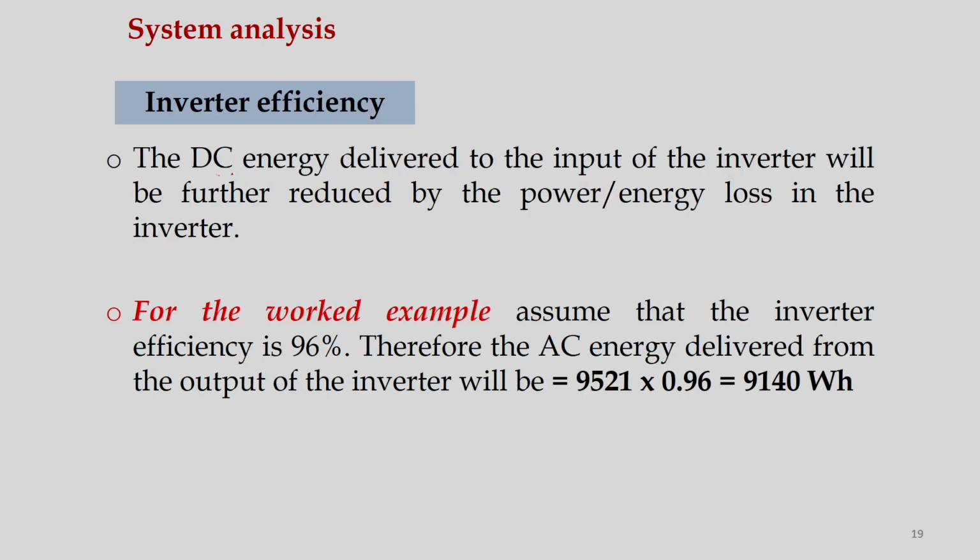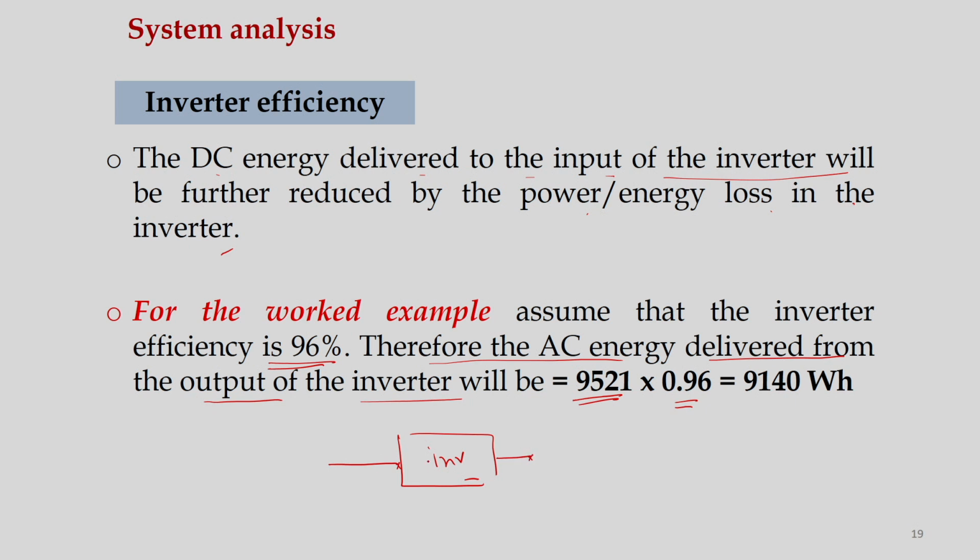Now, this DC energy delivered to the input of the inverter will be further reduced by the power loss in the inverter. If we consider the inverter efficiency is 96%, then the AC energy delivered from the output of the inverter will be 9521 multiplied by 0.96. Now we draw this inverter here. The input is known, and the output we need to calculate.